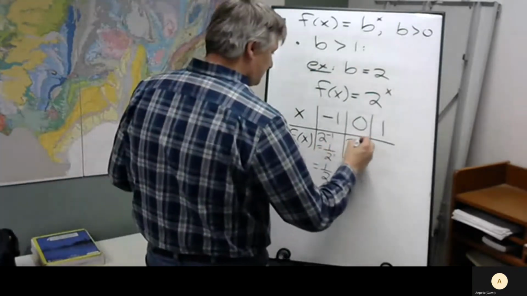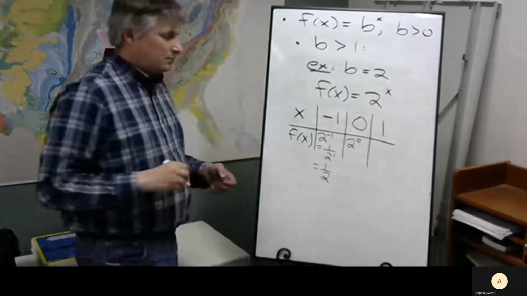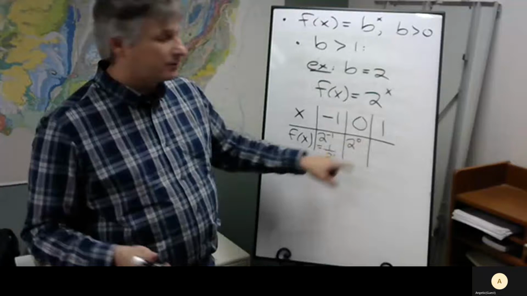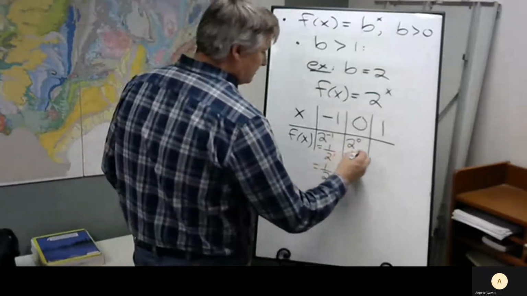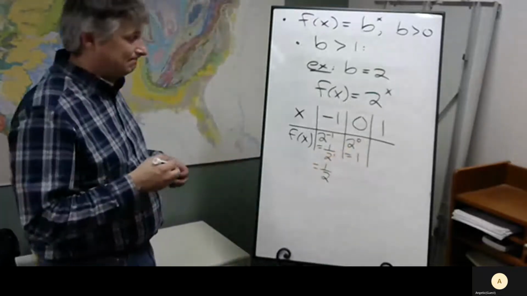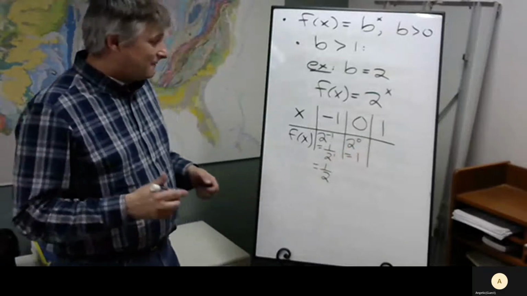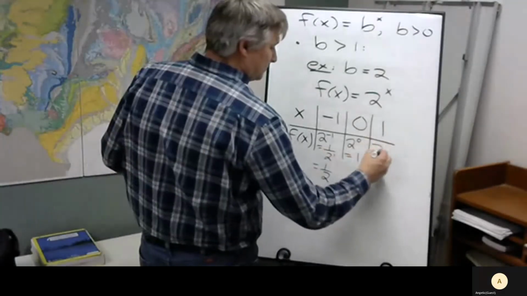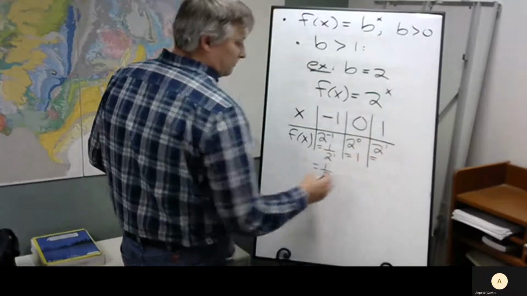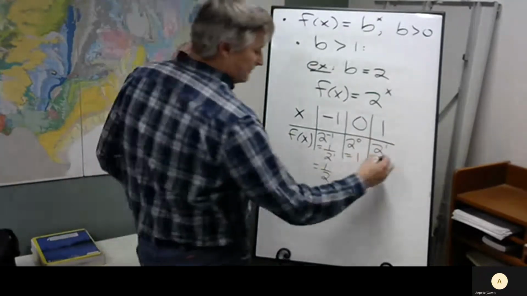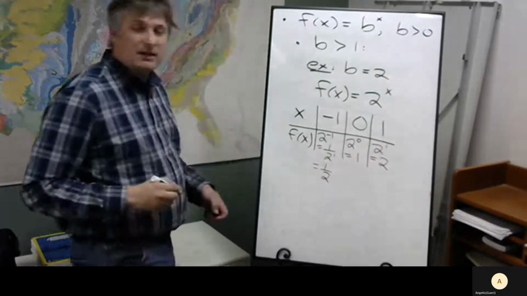When x is 0, well, any non-zero number that has 0 as an exponent is equal to 1. And again, your calculator will verify that. Finally, if x is 1, well, any number to the first power, just like here, will be equal to itself.